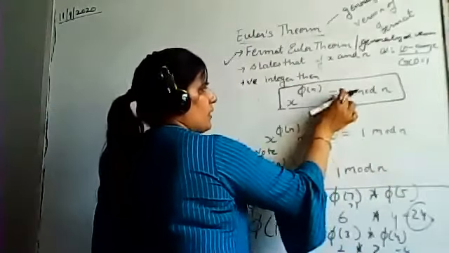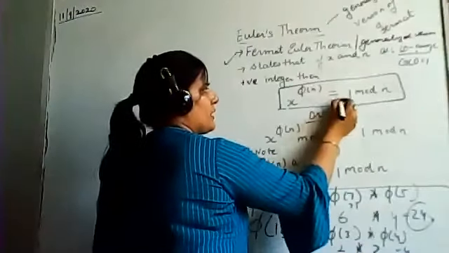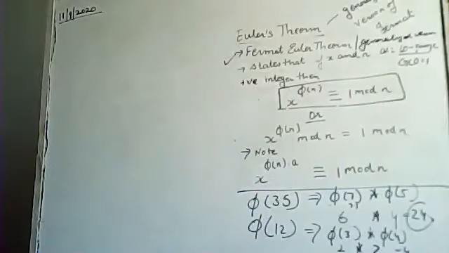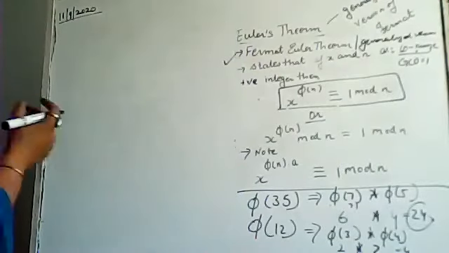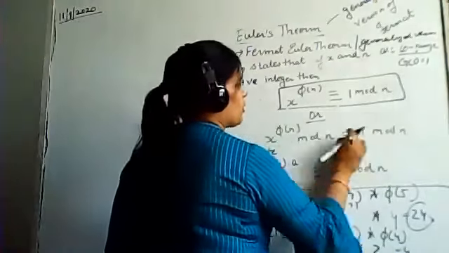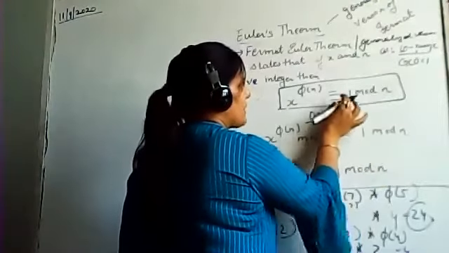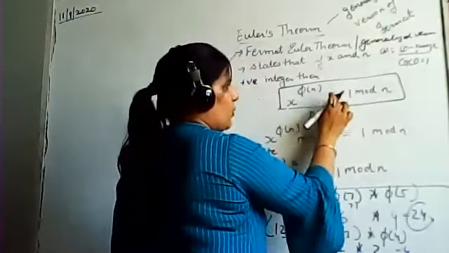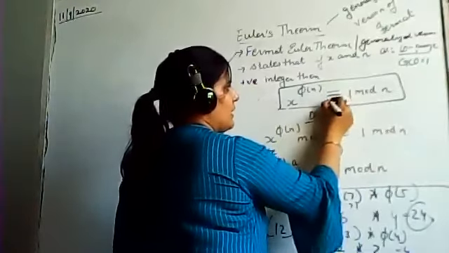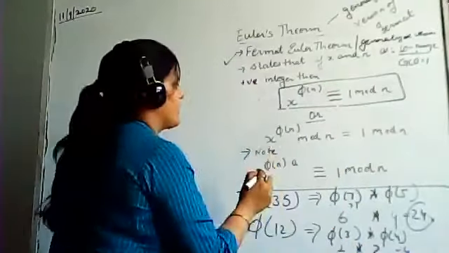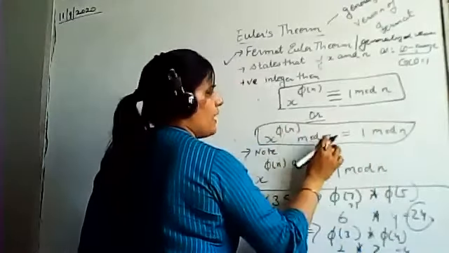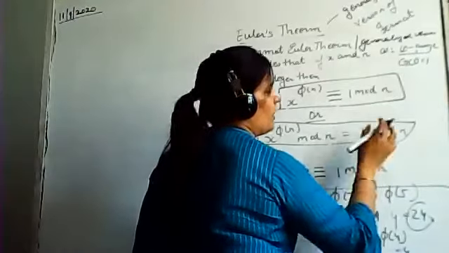I am not using a double equal sign over here. I am using this sign, which is known as the congruent operation. What we mean by congruent is that the same remainder belongs to both sides, and we can represent that with this particular sign. Either you can write it like this, or you can write x raised to power phi(n) mod n equal to 1 mod n.